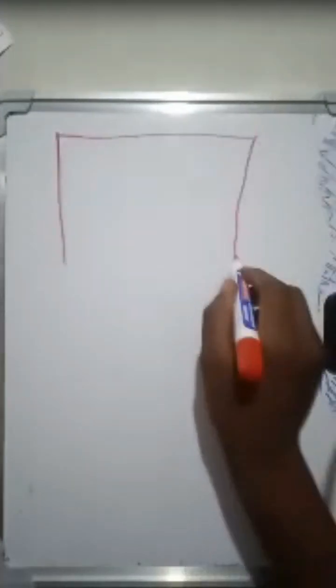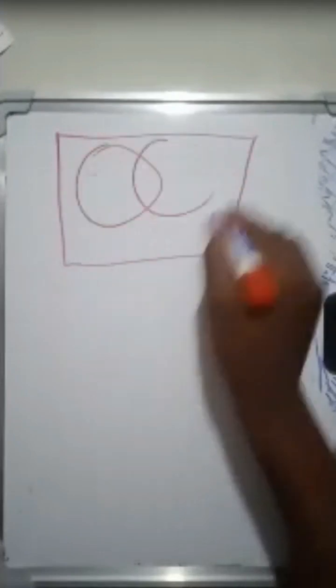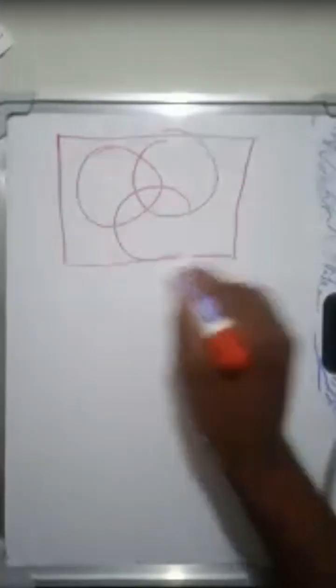So the other number 10 was having a Venn diagram that is already drawn, which is saying A, B, and C are events. I'm going to draw the Venn diagram. Then we have a circle there, another circle, and another circle.